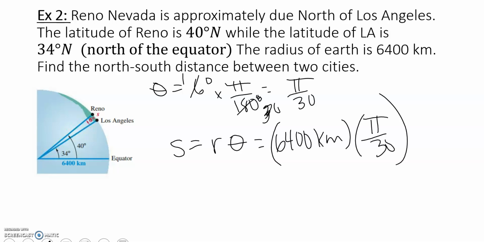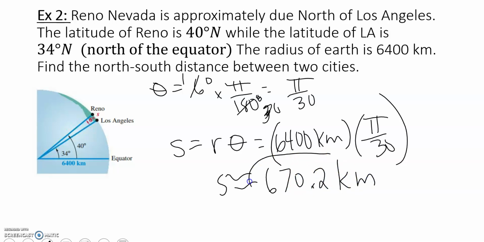And you end up getting your arc length to be approximately 670.2 kilometers. So the distance right here between Reno and Los Angeles is approximately 670.2 kilometers, okay? So that is how you will use the arc length formula to solve this problem.